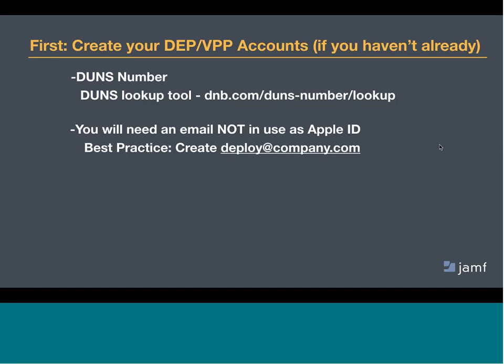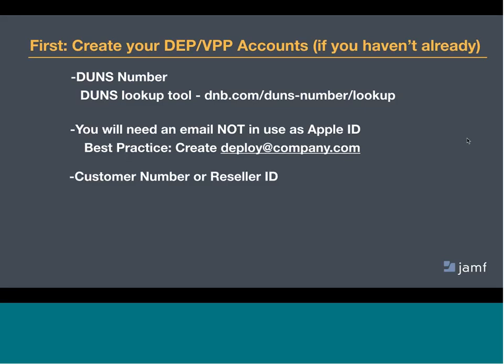This is beneficial if you ever have a person leave the company and they're the ones managing DEP and VPP. If you create this group style email that isn't someone's personal email, then you can always get back in and pick up where they left off. So that's a best practice. If you've already created your DEP accounts with a specific email, that's totally okay.